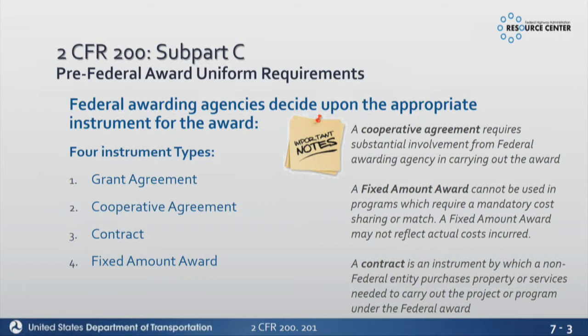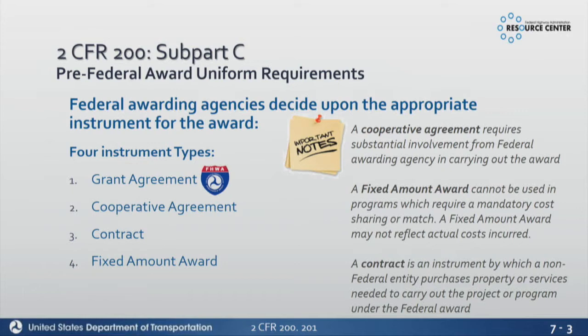So 2 CFR 200 identifies these 4 assistance instruments, and the one we use is grant agreement. So if you look over there on the right side of the screen, we have some definitions, and notice there's really not a definition for grant agreement. But if you look at cooperative agreement, the difference between a grant agreement and a cooperative agreement is that substantial involvement.